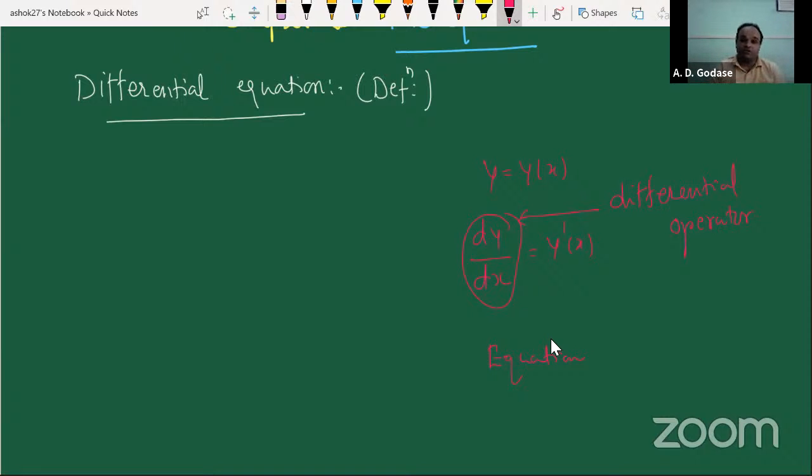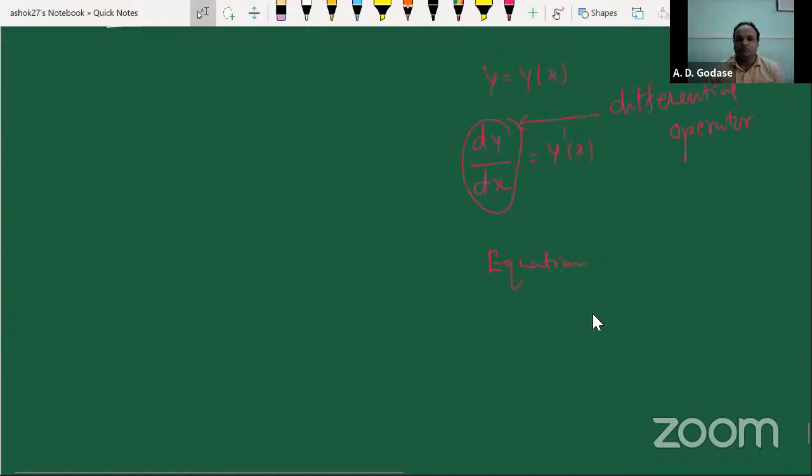So what is an equation? If you are equating something with some known or fixed quantity. Suppose 2x equal to 10. This is an equation. I'm equating 2x equal to 10. So 10 is a fixed quantity.